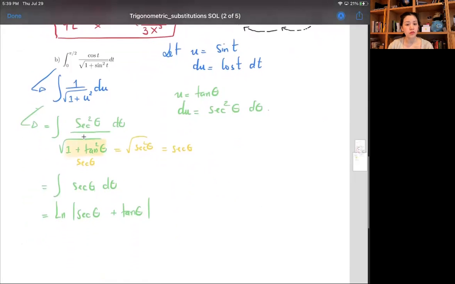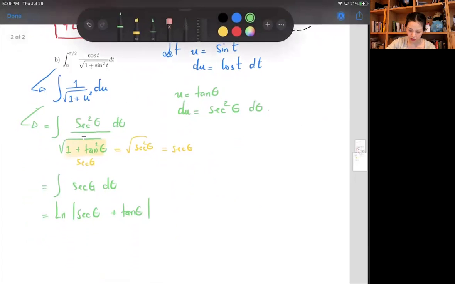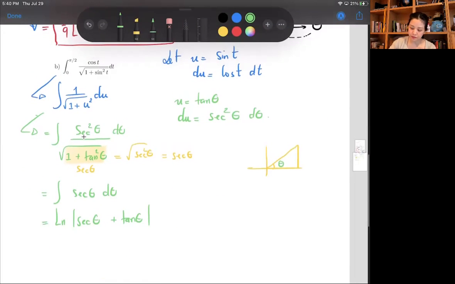We need to draw a right triangle. The right triangle is going to be in the first quadrant, just like we assumed. Here is my theta. Remember we let u equal tangent theta.